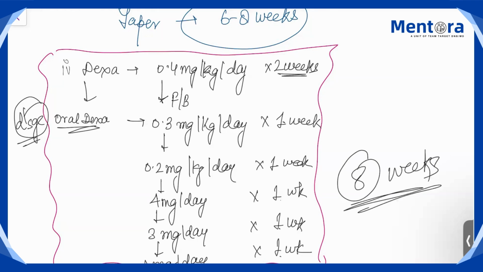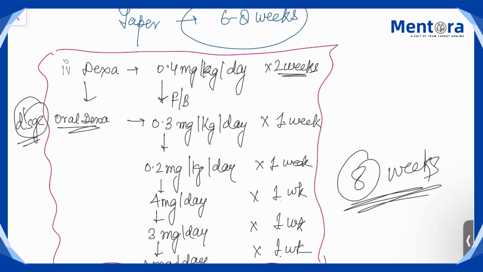So this has to be given for at least 8 weeks of treatment. So start with IV dexamethasone, 0.4 milligram per kg per day for 2 weeks. If you are discharging the patient, switch to oral dexa, 0.3, then 0.2, then 4 3 2 1. This is the way you have to very intelligently reduce the dose of dexamethasone. You follow this protocol in your daily practice also.